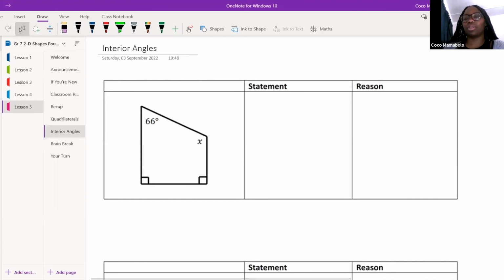Well done. I'm so glad you know. The interior angles of a quadrilateral are equal to 360 degrees. Very important, because we're going to be doing what we did with triangles, but now with quadrilaterals.